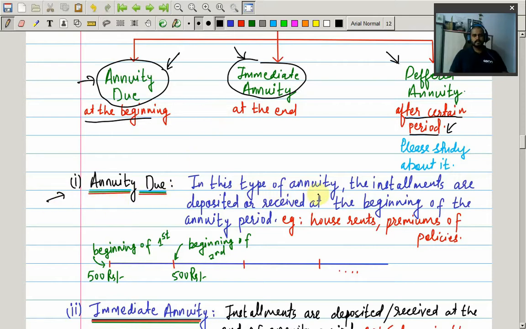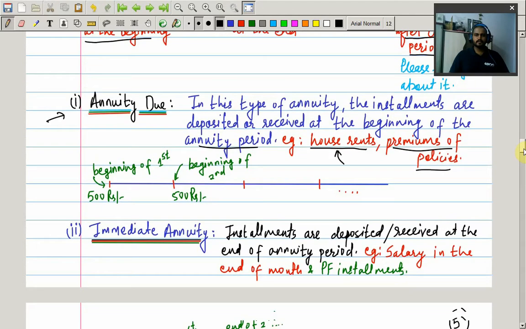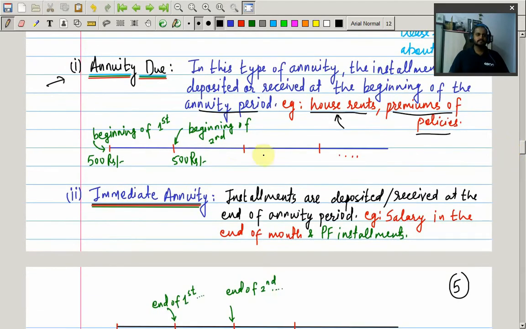In this type of annuity, the installments are deposited or received at the beginning of the annuity period. For example, house rent. We usually pay house rent at the beginning of every month. Premiums of policies are also examples of annuity due, in which we pay first.